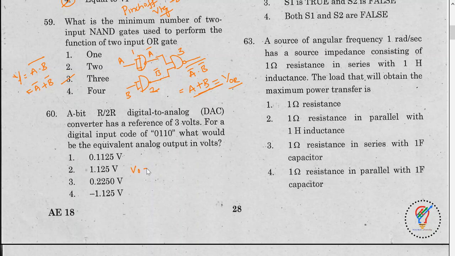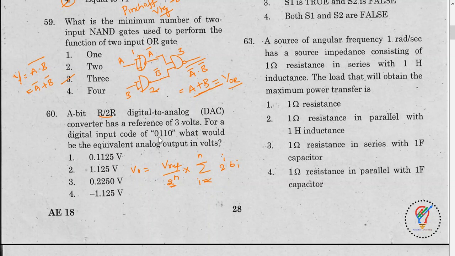V naught is equal to V reference by 2 power n. Especially in the case of the R-2R ladder, there is a 2 power n here. Don't confuse it with 2 power n minus 1. This is nothing but the resolution, multiplied by the decimal equivalent of the binary, that is sigma i equal to 1 to n, 2 power i into b i. So b is nothing but the bits here.